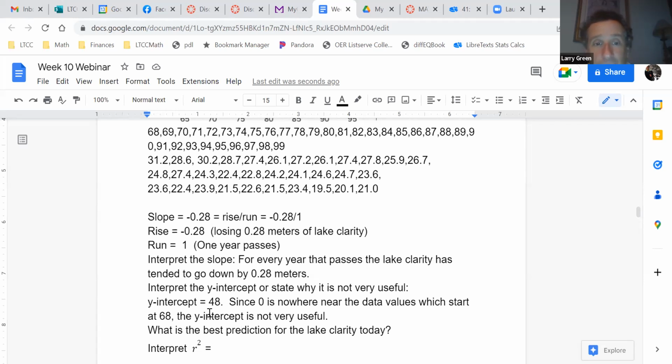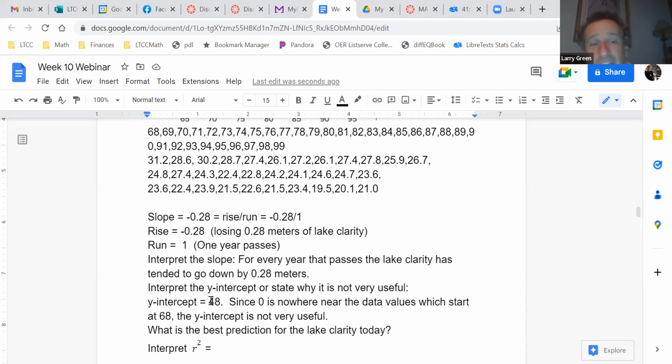So for example, if we had a y-intercept of 3 million, that would make no sense for Lake Tahoe. There's no chance of ever seeing 3 million meters down in Lake Tahoe, since Lake Tahoe is not that deep. It's deep, but it's not even close to 3 million meters. Does that make sense?